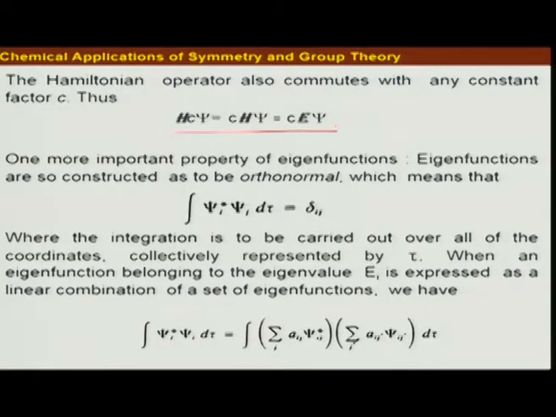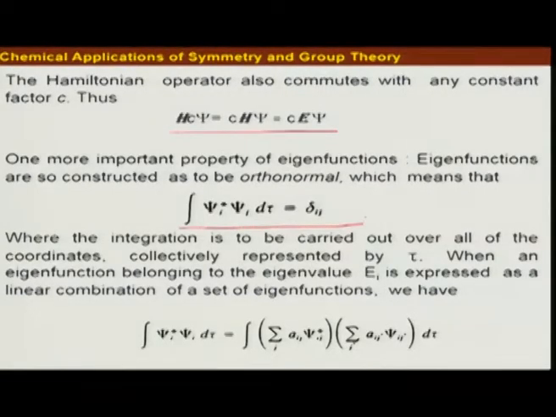Another important property of these eigenfunctions is that they are orthonormal. What do you understand by orthonormal? It means that two eigenfunctions, say psi i and psi j, are orthogonal to each other, and each of them is normalized. If I want to show that mathematically, it is shown here.